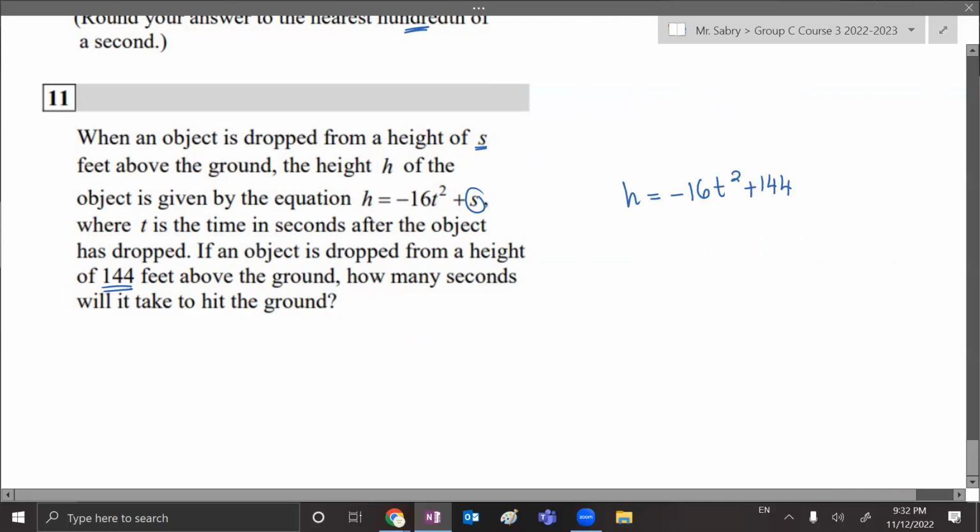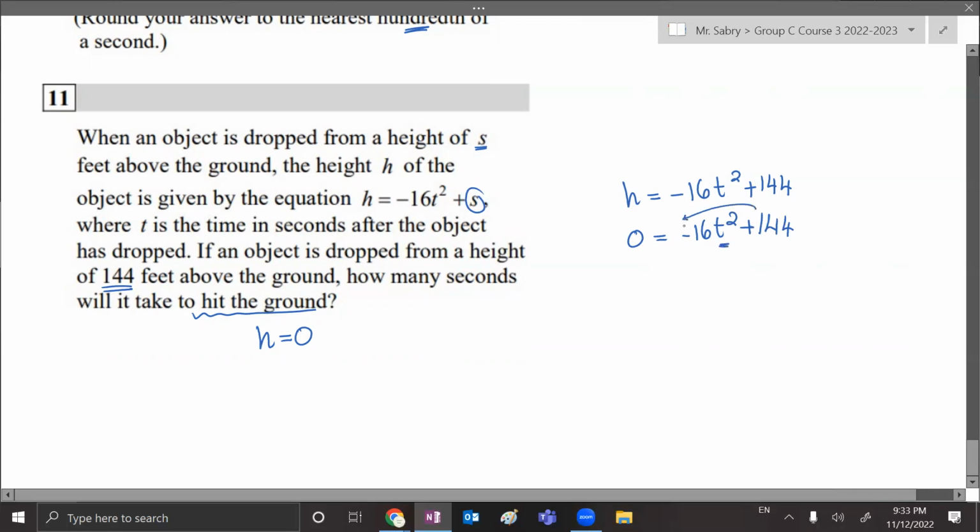They want to know after how many seconds it will hit the ground. That's a part that requires a bit of thinking. If something hits the ground, then what's the height of that object at that time? 0. It is already on the ground. So when they say that something hits the ground, this means that the height, which is here h, is already equal to 0. So in this case, I just need to put 0 instead of the h, and try to solve this equation to find the value of t.